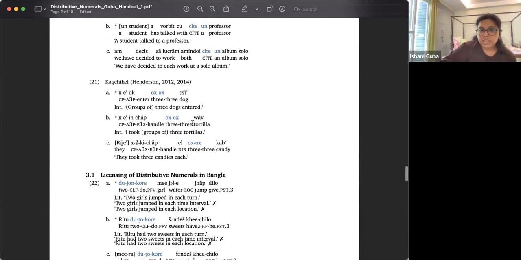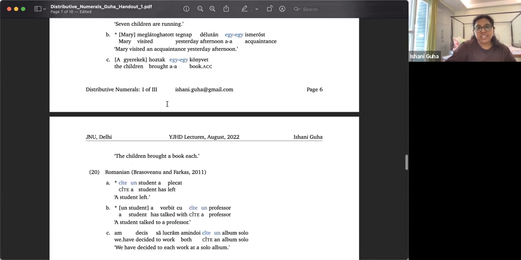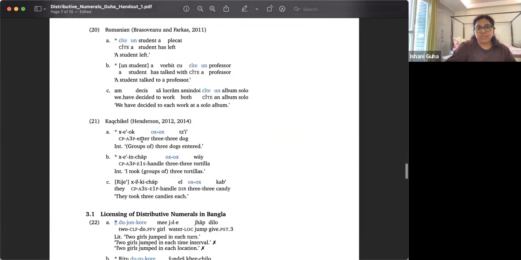So here is what I think is the case for dujon kore in Bangla. 22A, dujon kore me jole jhap dilo. This is not an ungrammatical sentence, actually. I have written this mark of ungrammaticality to maintain continuity with every other example.